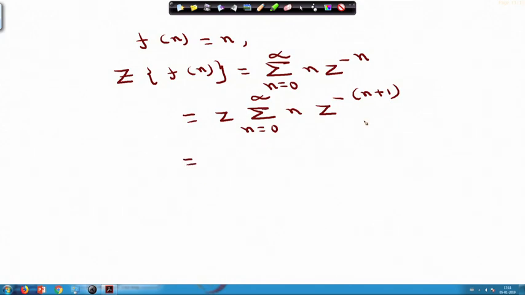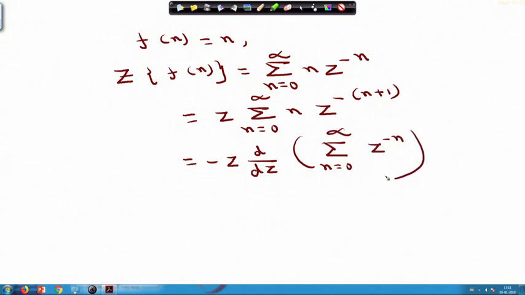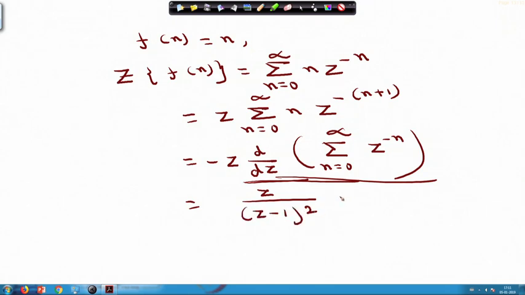This is nothing but minus d by d z of the summation n equals 0 to infinity z to the power minus n. If I differentiate this with respect to z, this particular portion is nothing but minus of 1 by z minus 1 whole square. So I can write this equals z by z minus 1 whole square, where modulus of z is greater than 1.